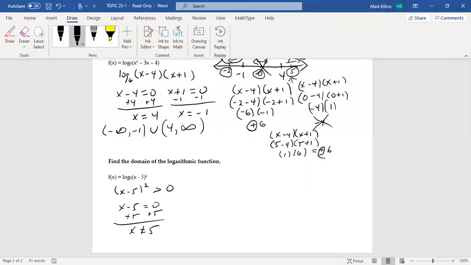And remember, your argument has to be greater than 0. On a number line, anything would work with the exception of 5. So anything to the left of 5 and anything to the right. So anything from negative infinity to 5 would work, as well as any value from 5 to infinity.